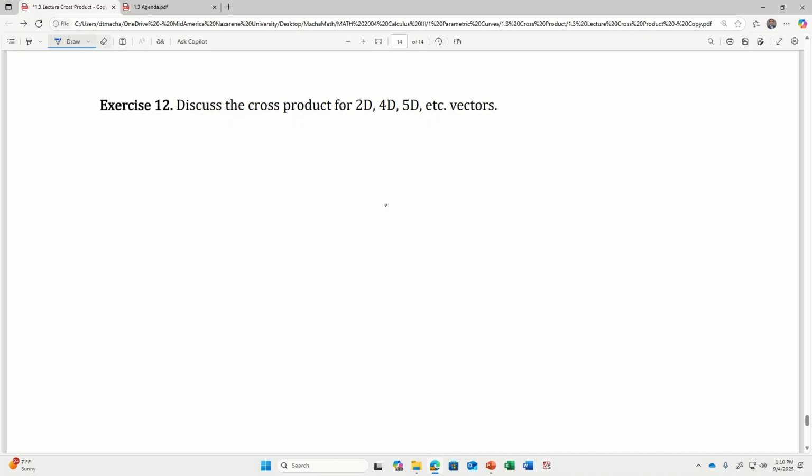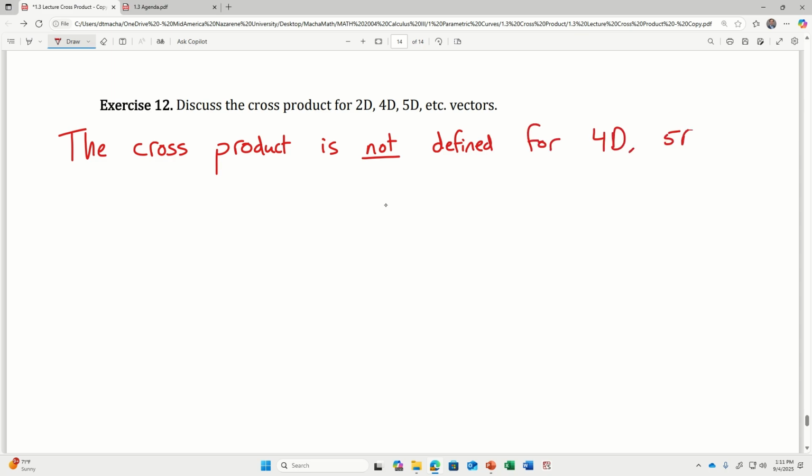So right off the bat, I'll tell you this. The cross product is not defined for 4D, 5D, etc. If your vector has a size larger than 3, then there's just not a convenient definition for the cross product that does the same stuff that we want the cross product to do.